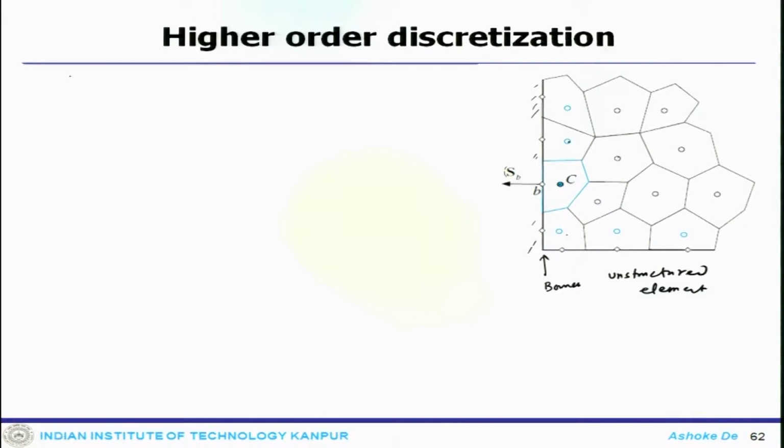Now, this C is the centroid of the boundary elements, and this face B is actually exposed to the boundary. And S_B is the surface vector pointing outward.